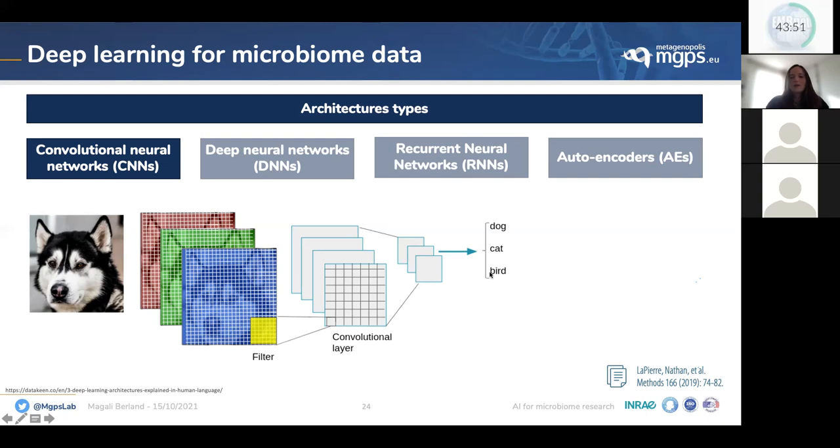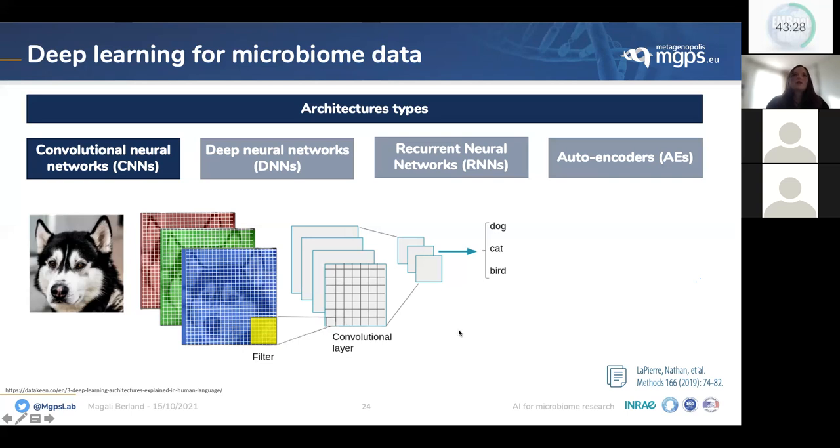The problem is that in microbiome, we do not have images. We have abundances of species for different individuals. So some people had the idea to convert this abundance information into images in order to use a CNN algorithm afterwards to do image recognition.